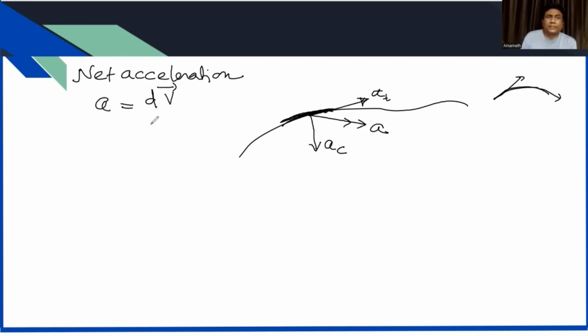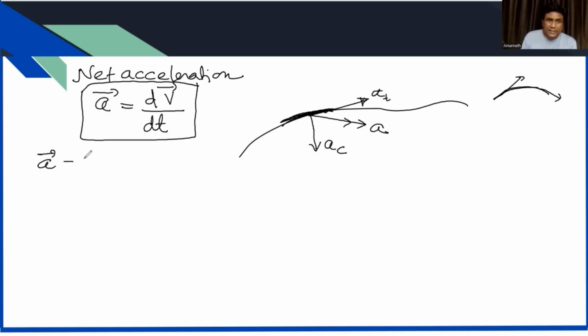If you differentiate the velocity vector, what you get is net acceleration. It means this is nothing but the rate of change of velocity vector.